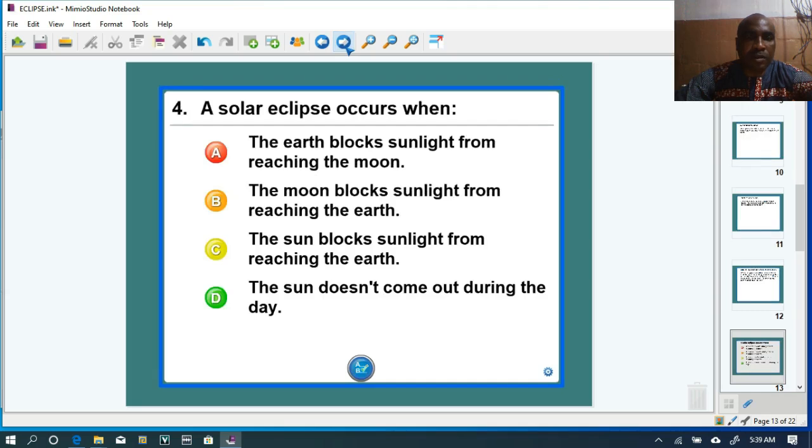Question number 4, multiple choice question. A solar eclipse occurs when dash. The correct option is option B. The moon blocks sunlight from reaching the earth.